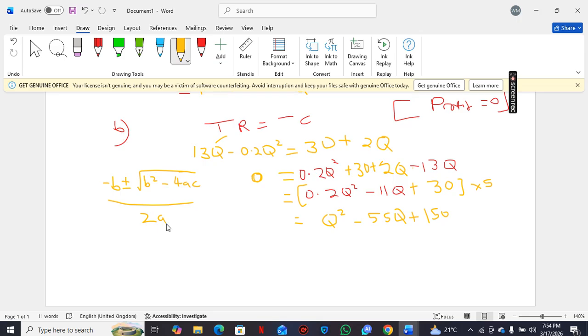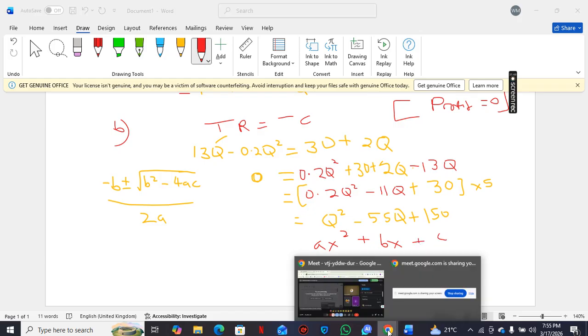Okay, so do not worry, I'll tell you what these letters mean. Colleagues, this is the format of the quadratic equation, so that you see where these things are coming from. This is the standard format.